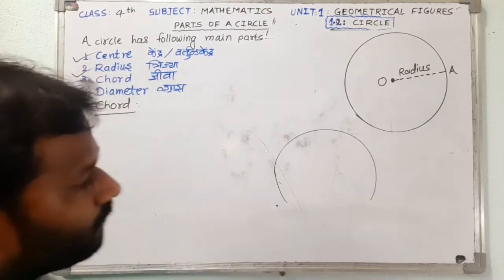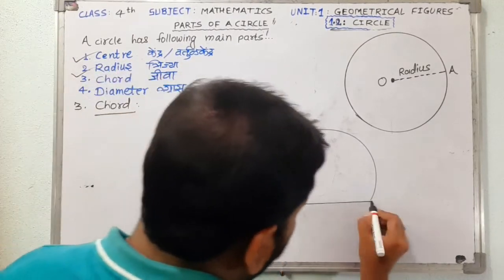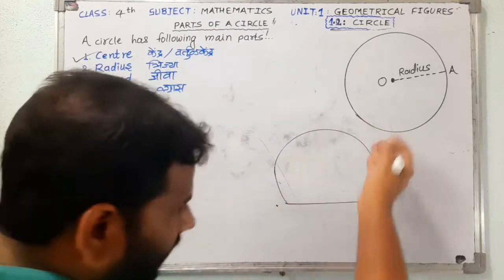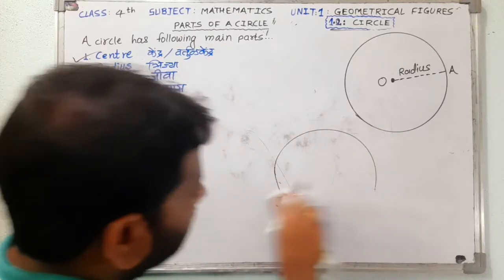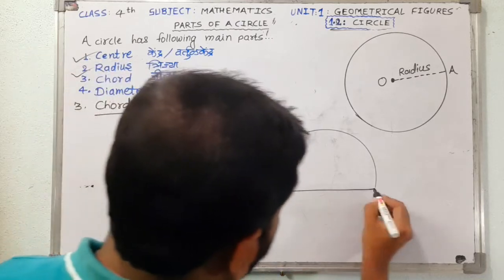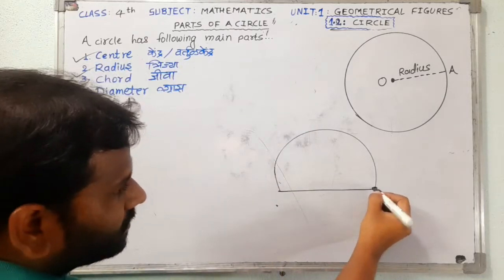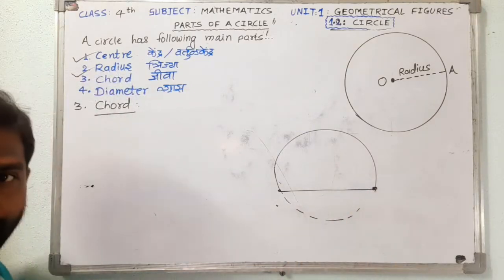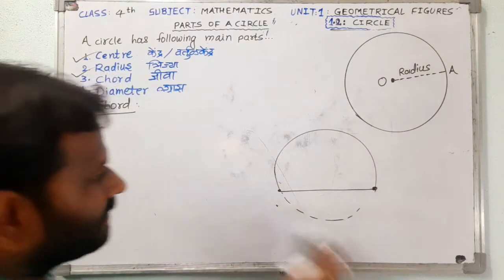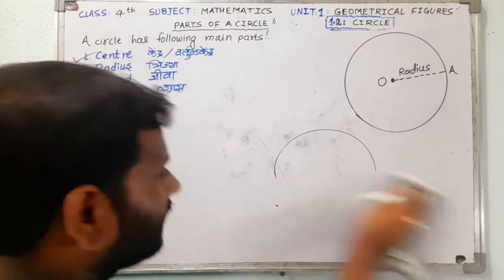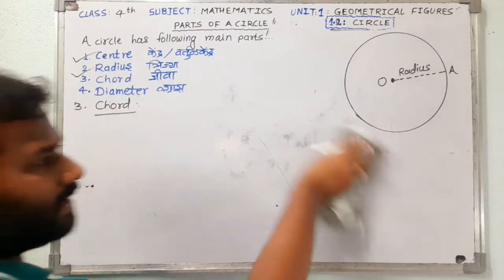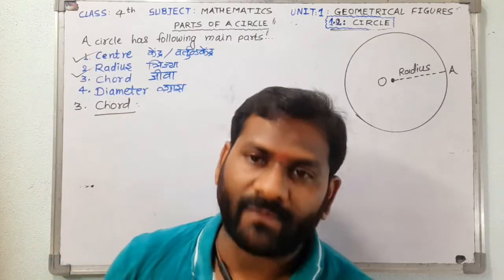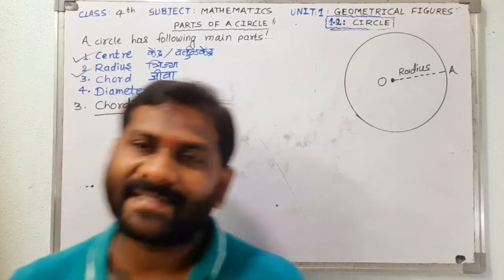If you fold it, then a line will be formed here. If you do another folding, what will happen? It will make a line here. Right. And this line joins 2 points on the circle. Correct? So dear friends, the line which joins any 2 points on the curve of a circle is called as chord.